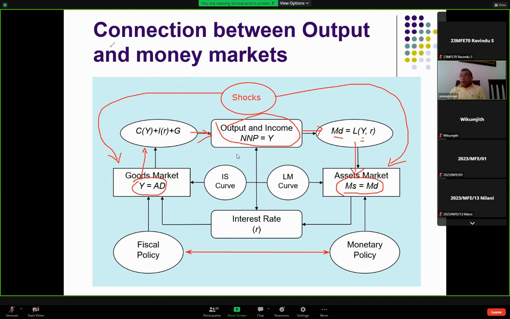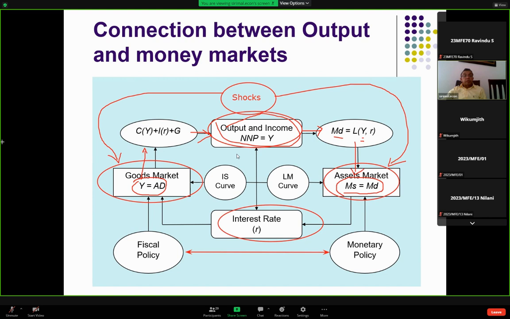How money market variables and output market variables interact, how the two markets are connected to each other: when something happens in the money market, it has influence over the interest rate, through which it will affect the goods market or the output market also, and then the total income of the economy.